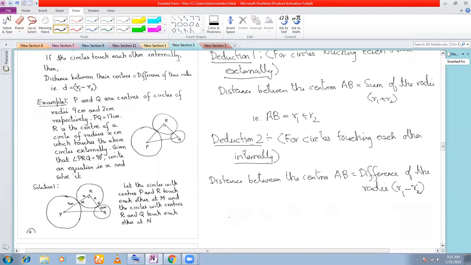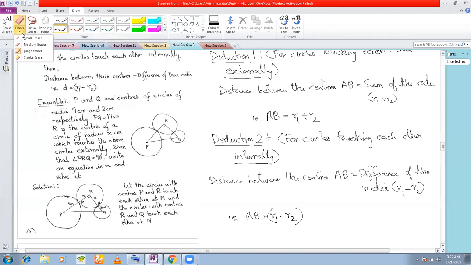Okay, so we write AB is equal to R1 minus R2. Two very important results. We shall see one sum to demonstrate this theorem.